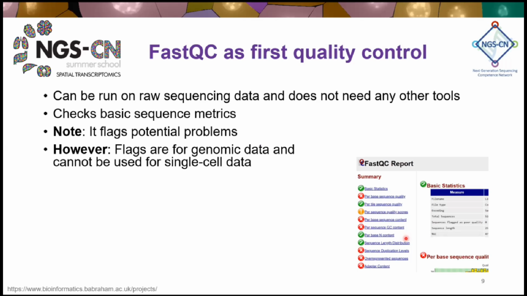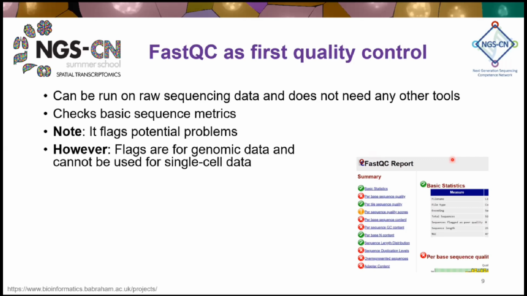I have to say, however, when you run FastQC, it has these flags here on the side. So you see these green, red, and yellow buttons. And this is because FastQC automatically flags problems. So for example, here you would see that basic statistics, the first part in the report, have a green check mark and therefore are okay. But then the next one has a red cross and they are not okay.